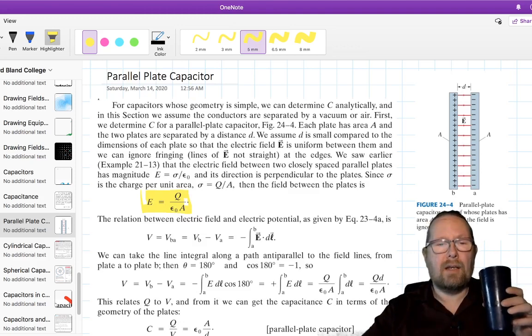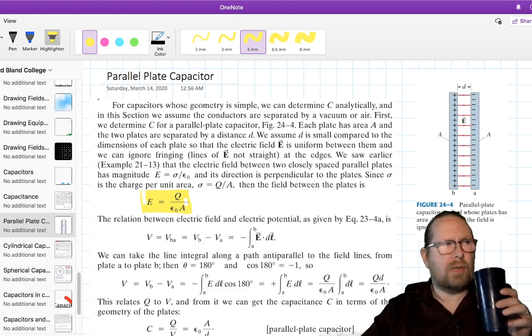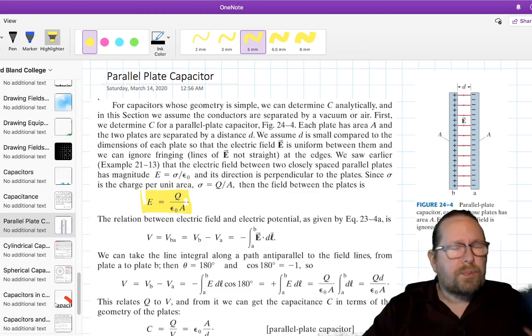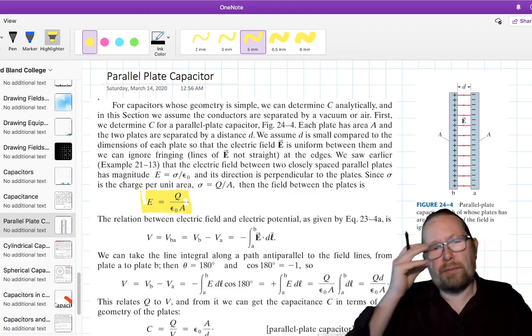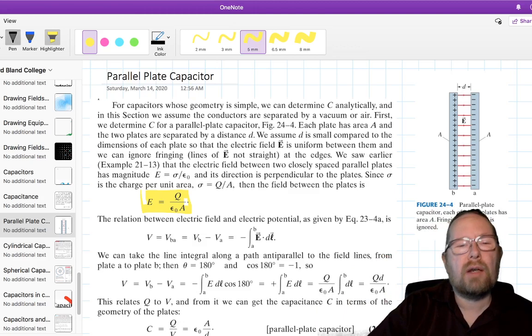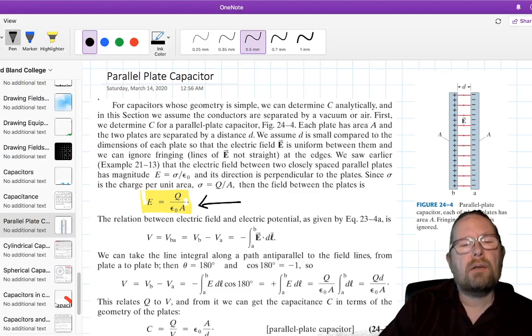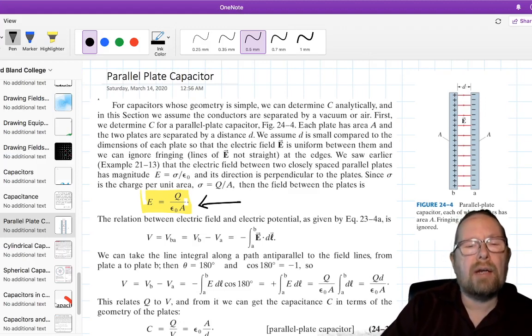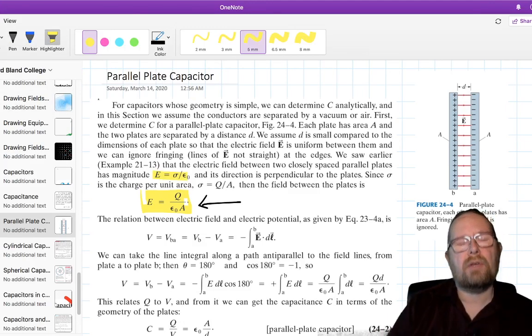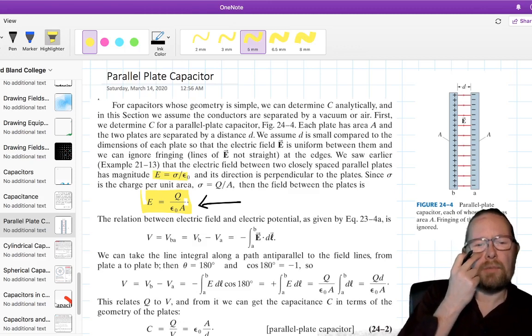We found it again in chapter 22 using Gauss's law. And what we found is that the electric field near a conducting surface that we can regard as effectively an infinite plane is equal to the charge per unit area divided by epsilon naught.